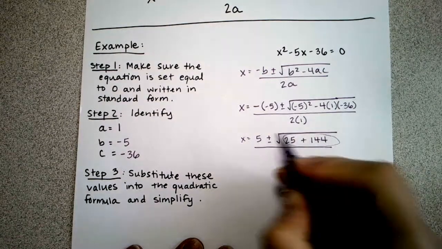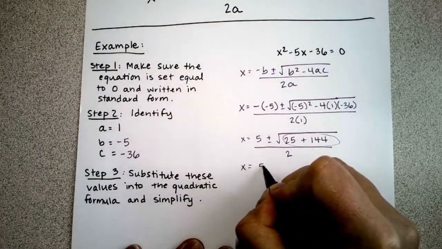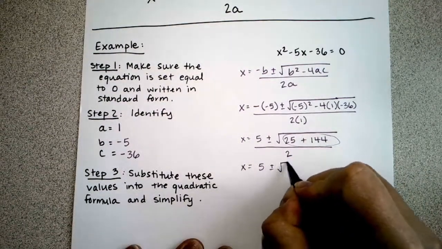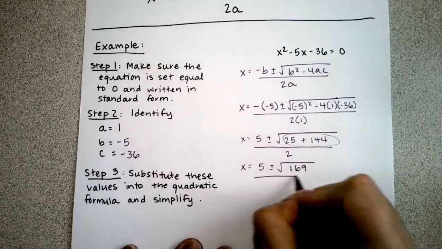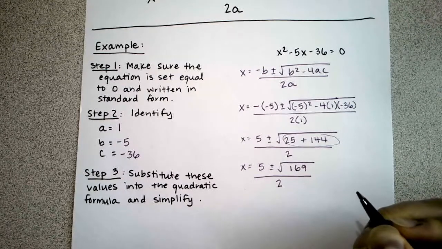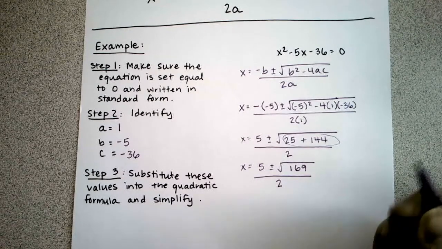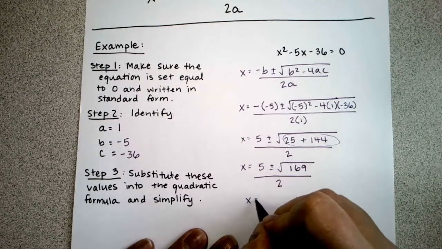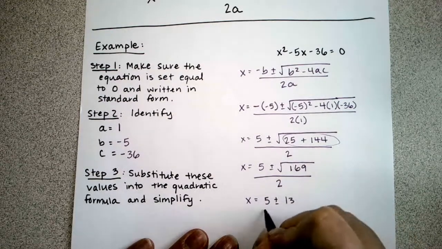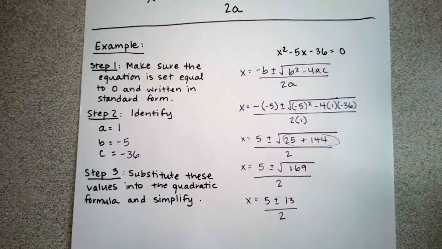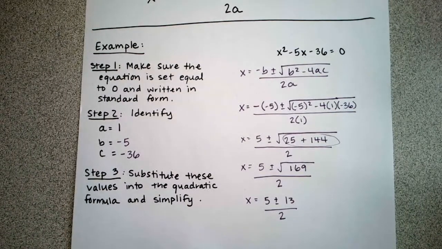We can add this stuff. So we have 5 plus or minus the square root of, when you add those, it's 169 over 2. And this is a number that we know the square root of. It is 13. So the square root of 169 is 13. And now we have x equals 5 plus or minus 13 all over 2.